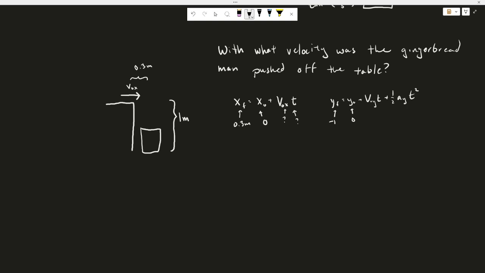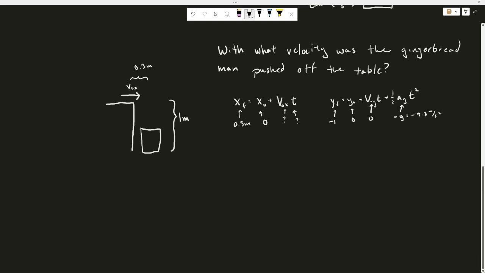I'm calling down the negative direction, ergo y final is negative 1 meter. V naught y is also 0, since it's only launched in the x direction. a_y is going to be minus g, which is minus 9.8 meters per second squared down.